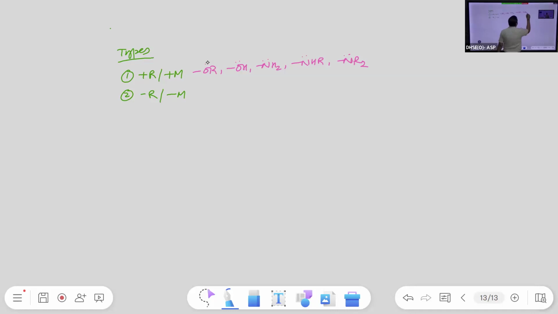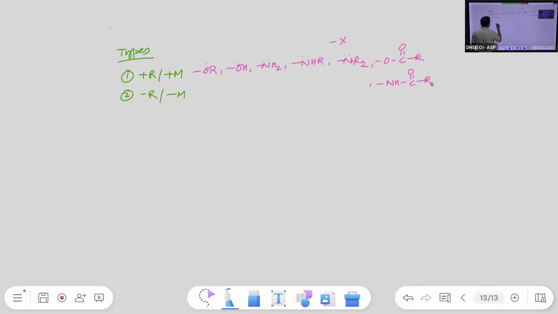Or you can take even halogens. So all these are coming under plus R group.